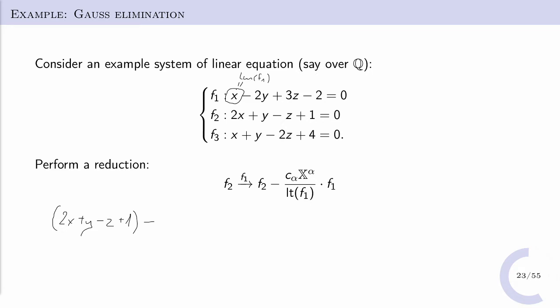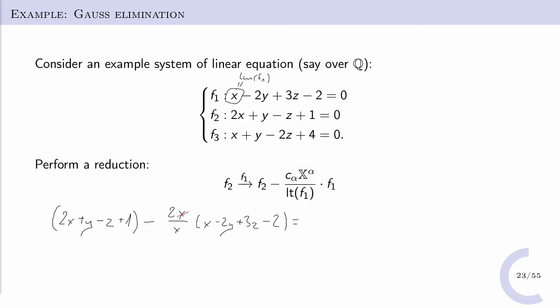And it's obvious that this leading monomial divides this term here. So we have 2x over the leading term of f1, which is x, times f1, x minus 2y plus 3z minus 2. Obviously the x's cancel here.